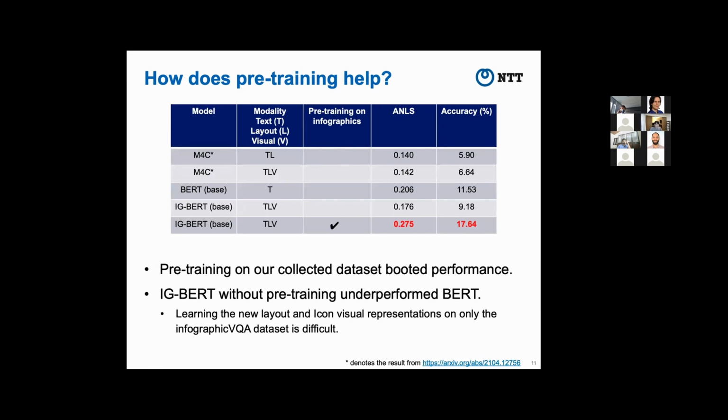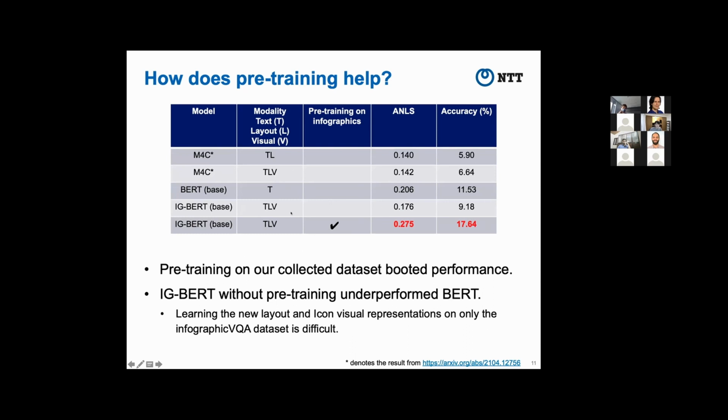These are the validation results from our experiments. In this setting, different from our submitted model, we use a base size and did not leverage the validation data in the fine-tuning. This table shows that the pre-training on our large-scale datasets was effective to boost the performance.